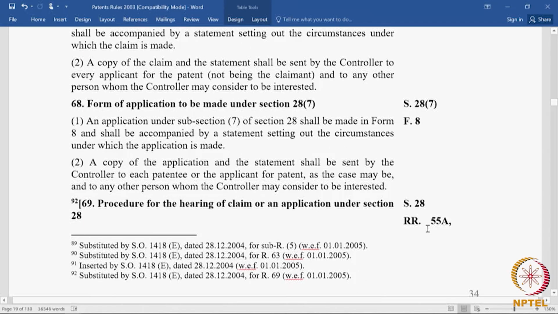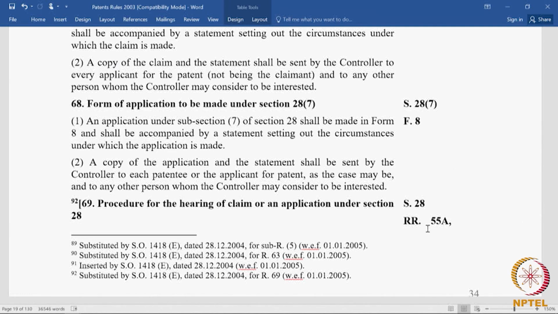Now, we saw the certificate. 28(7) talks about a certificate. It is one of the few provisions where you can rectify an error. The controller generally has the power to correct mistakes and clerical errors, but a process of rectification, like filing a petition and getting something rectified, is available in only a few provisions.